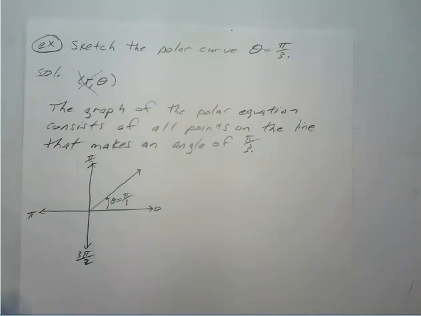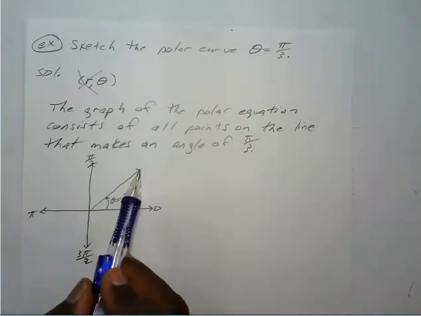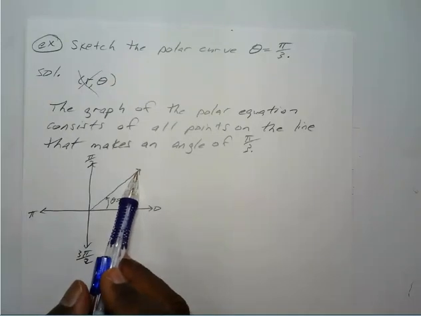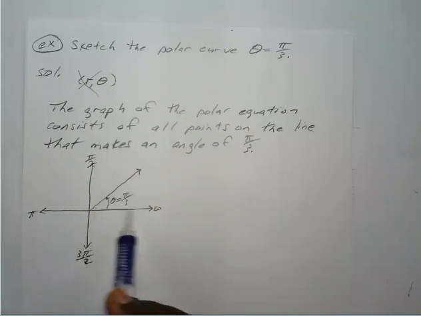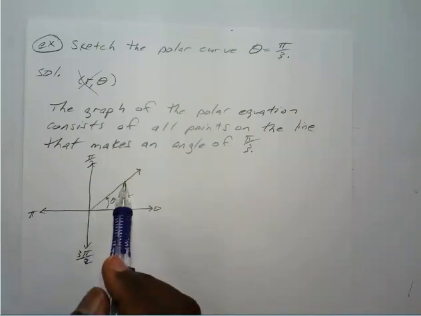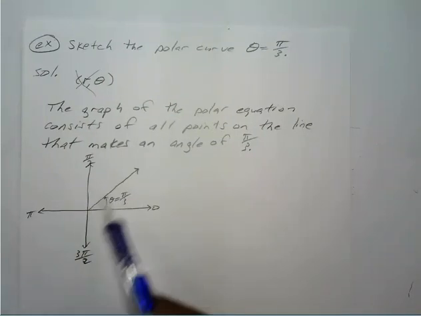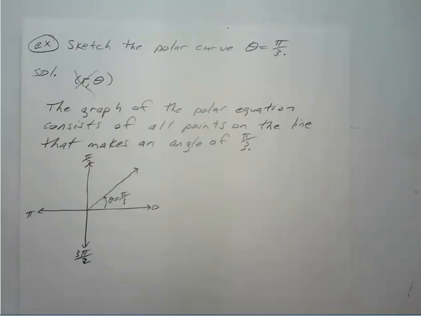The only difference is it's not stopping at any particular point because you don't have an r. If you had r equals 1, that would eventually stop when you hit 1. Since there's no r, that goes on forever. So this would actually be your graph.